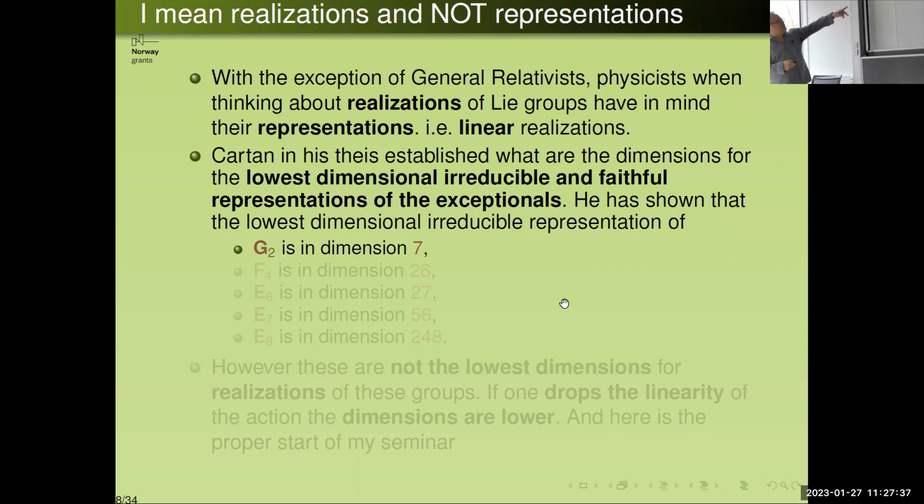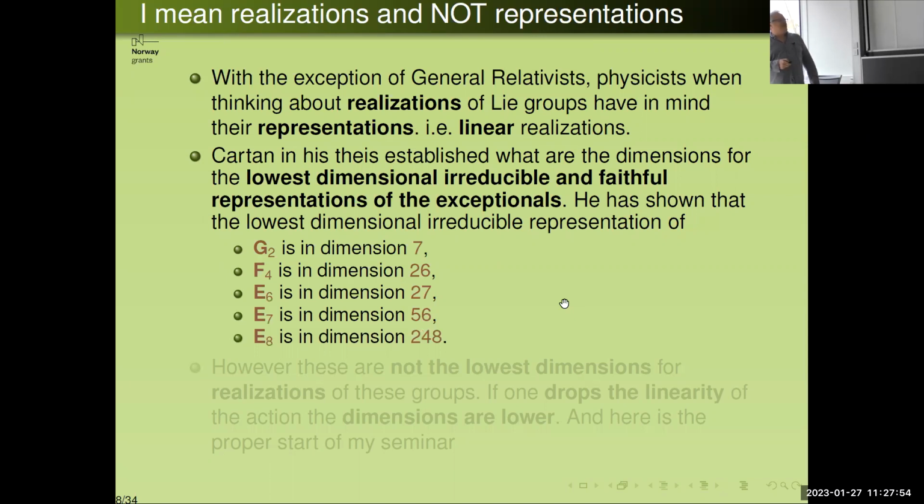What Cartan established in his thesis is that G2 has an irreducible faithful representation in dimension 7, F4 in dimension 26, E6 in dimension 27, E7 in dimension 56, and unfortunately E8 only has the adjoint representation, which is just in the dimension of E8 itself.